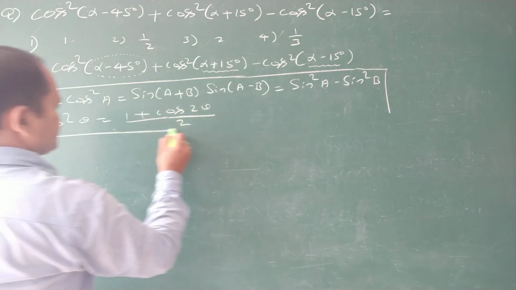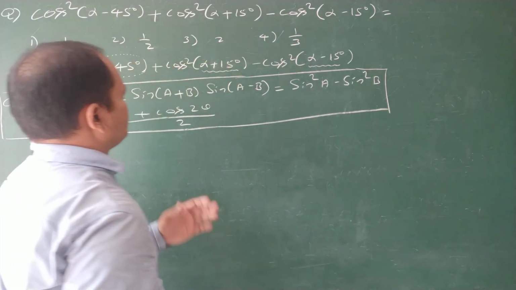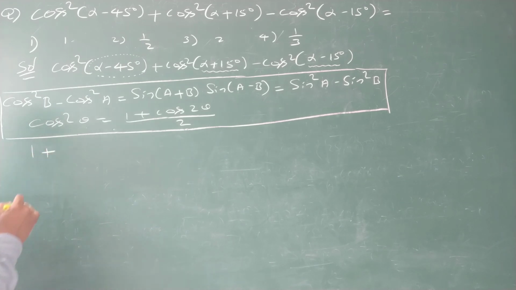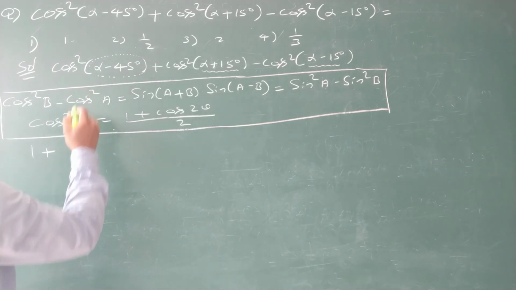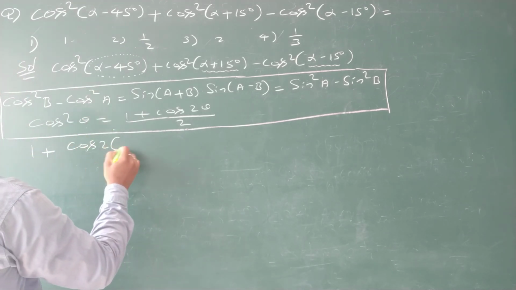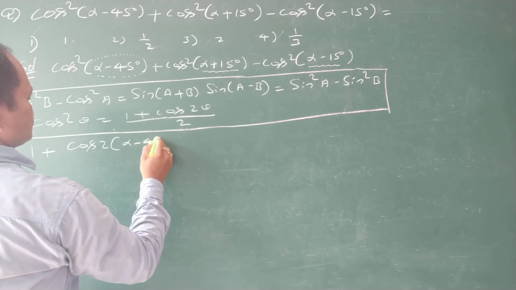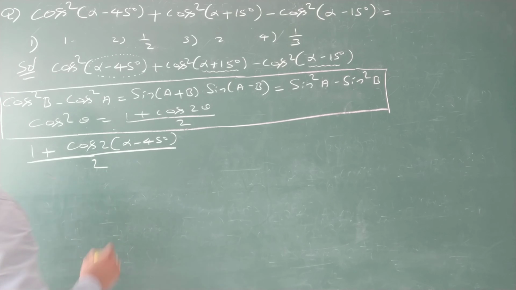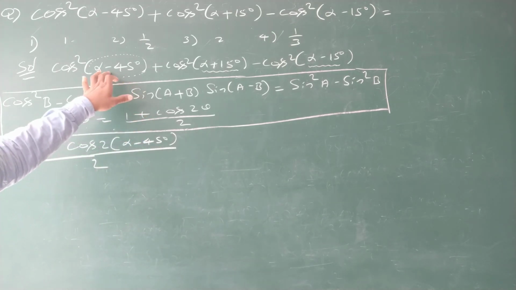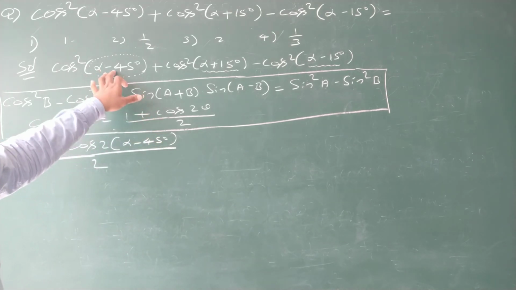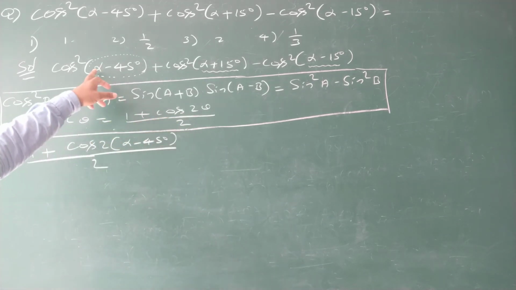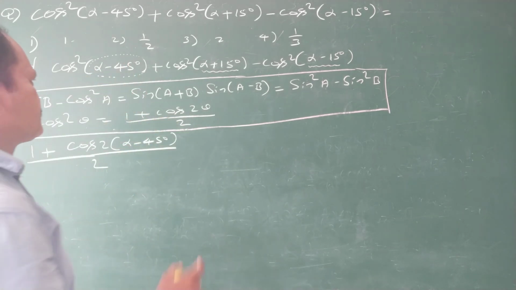we have to write this as (1 plus cos 2 times of (alpha minus 45)) whole by 2, according to the formula cos square theta is (1 plus cos 2 theta) by 2, in place of theta alpha minus 45 degrees.